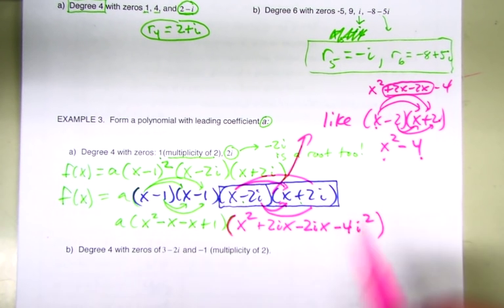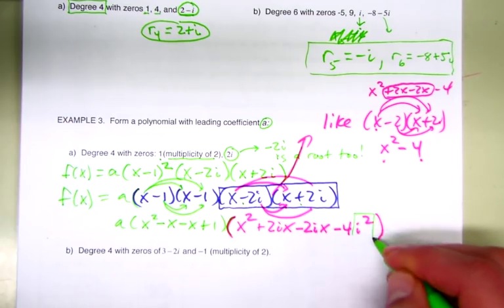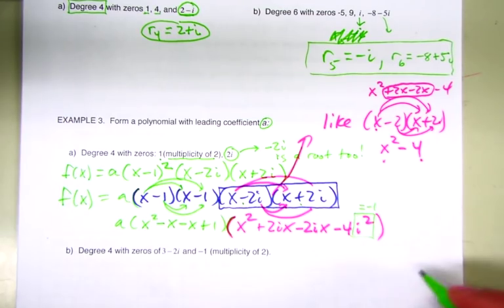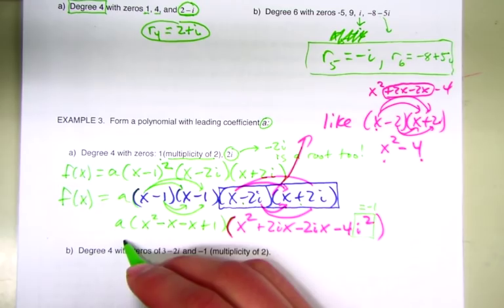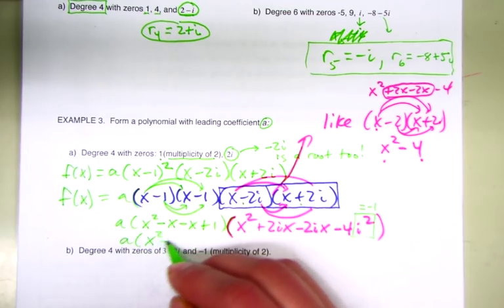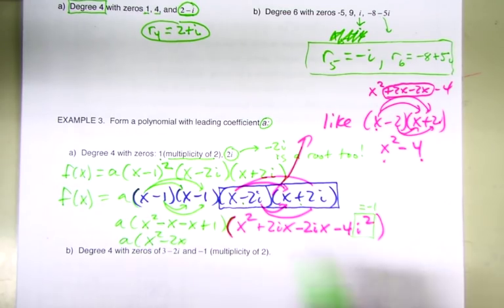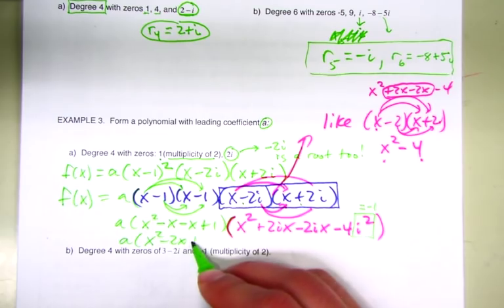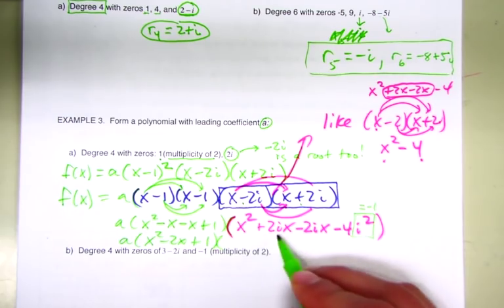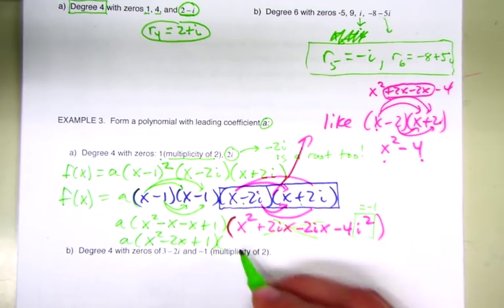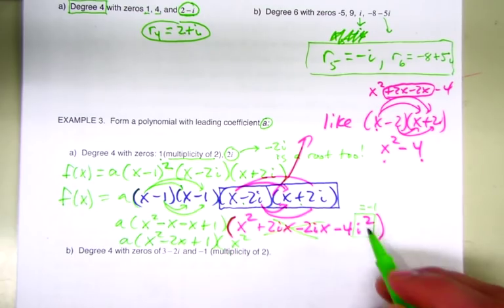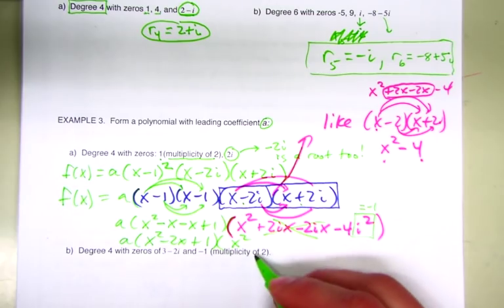And if you remember, i squared is equal to negative 1. Okay, so let's see what we have. X squared minus 2ix plus 2ix, these middle terms cancel. So then it's just x squared. Negative 4 times negative 1 would actually make this into a positive 4.